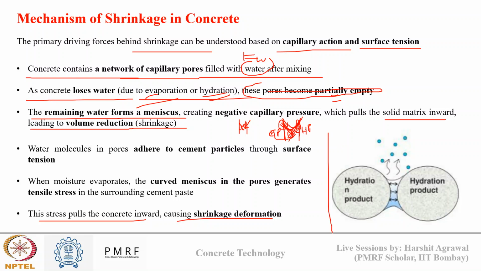The same thing you can understand from this figure also. There is one hydration product, a meniscus has formed due to evaporation, and it is causing an inward pulling force, which will lead to shrinkage of the entire system. So this, in the simplest manner, is the basics behind the shrinkage in concrete.